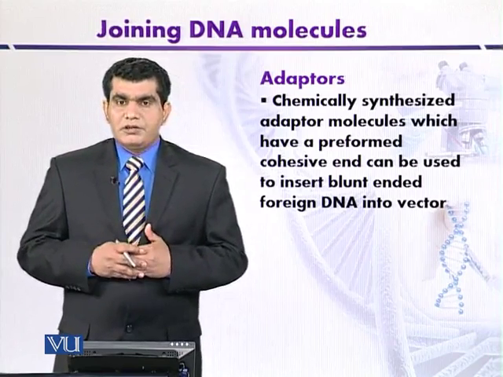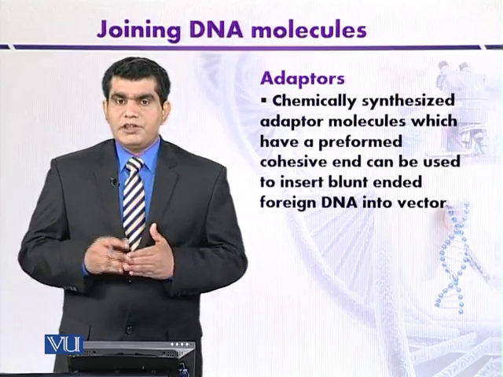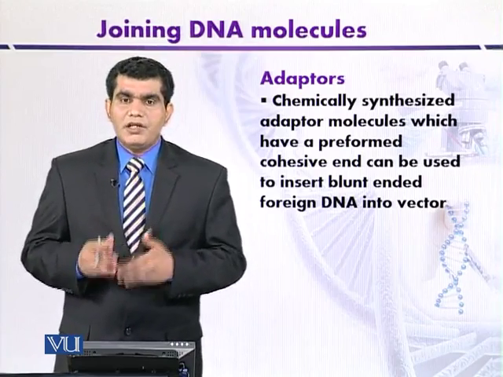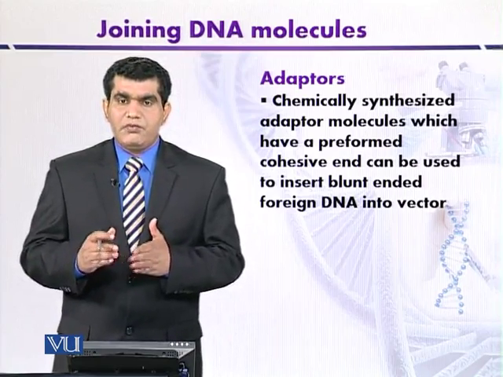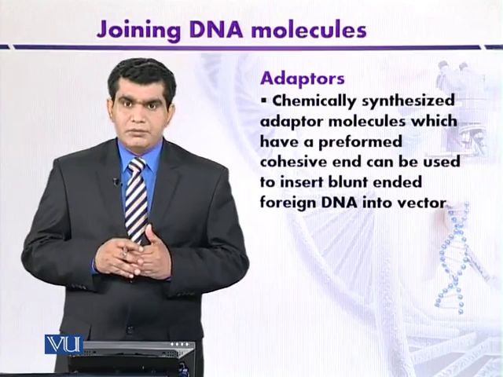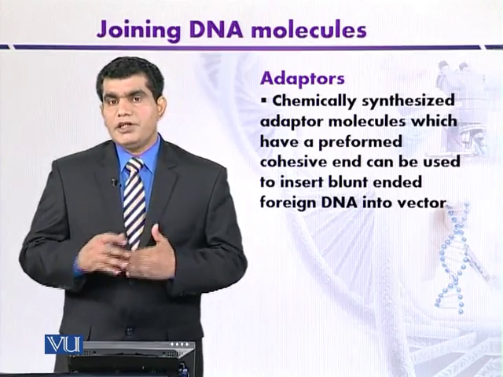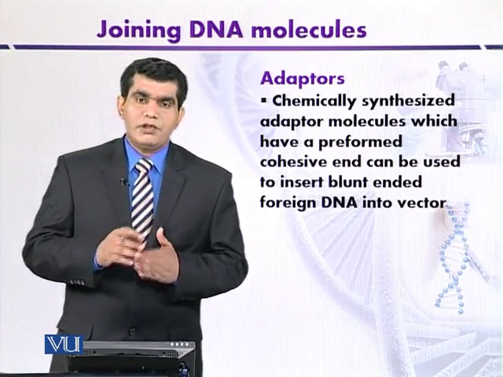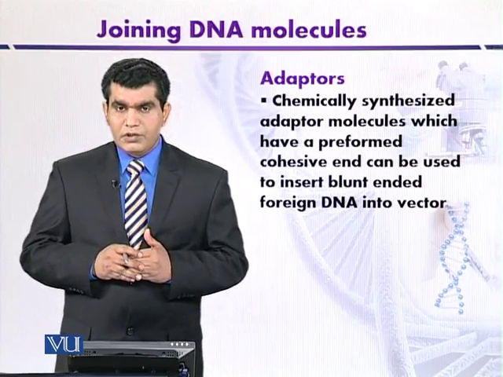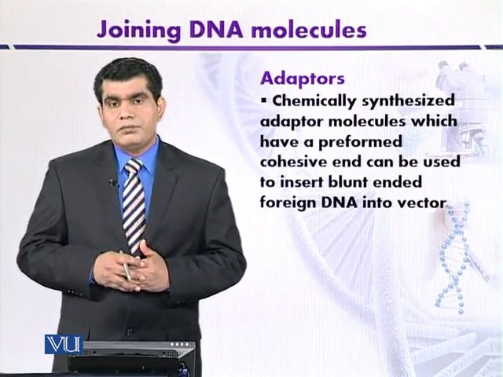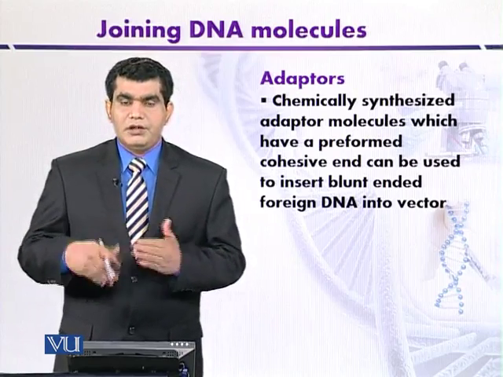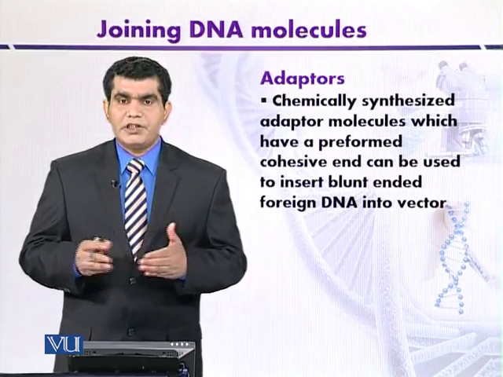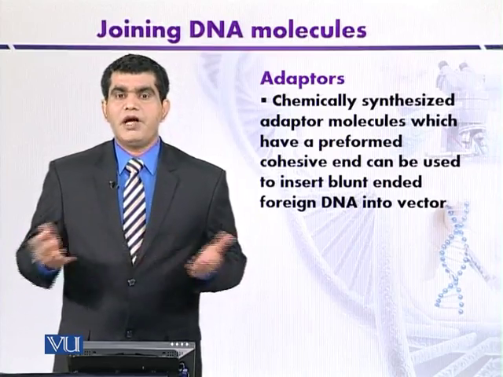Then the fragments that are joined with the adapters are treated with certain enzymes like kinases so that we can introduce phosphate at the 5' cohesive ends. Now it is ready to join with the vector molecule. For example, adapter molecules are available that have 5' overhangs or sticky ends that are digested with BIO732.